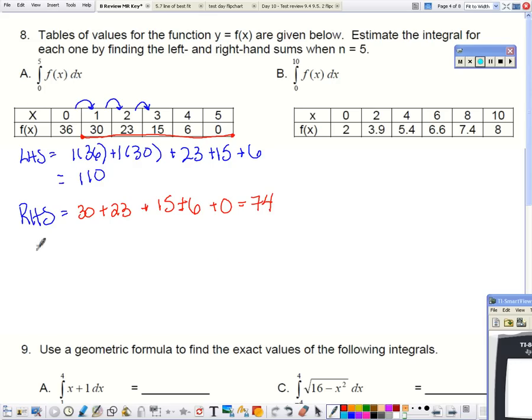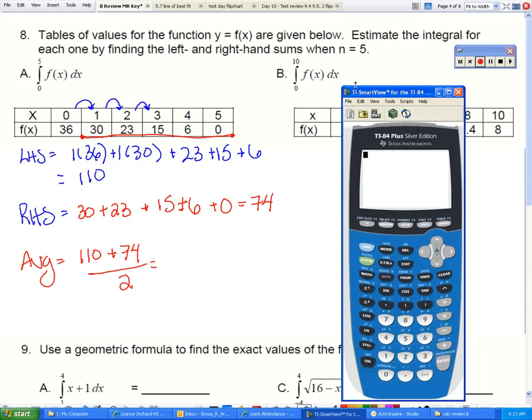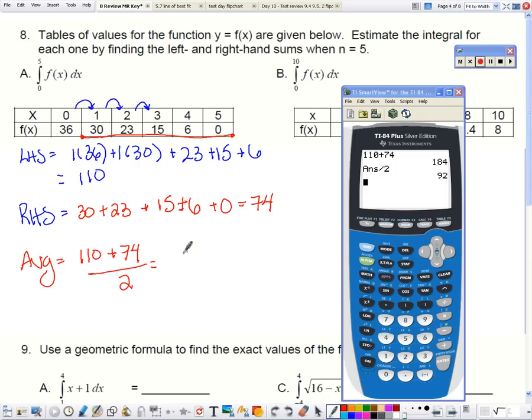So to actually estimate the integral, we're going to find the average of the two left and right hand sums. So 110 plus 74 divided by 2 equals 92.